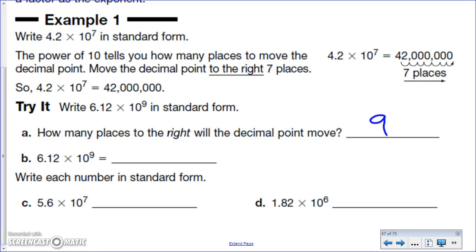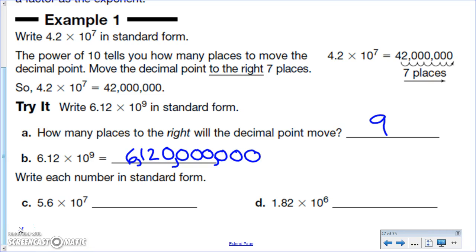Once we get past the 2, that's taking up 2 of our 9 places. So we're going to add 7 zeros after that to get 9 places moved. And then we get 6,120,000,000.